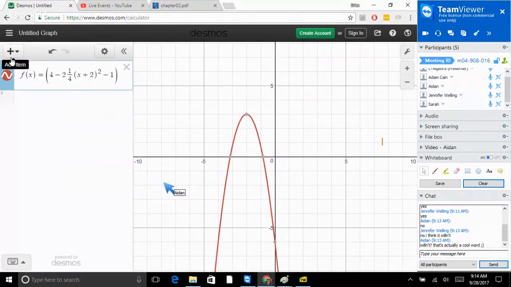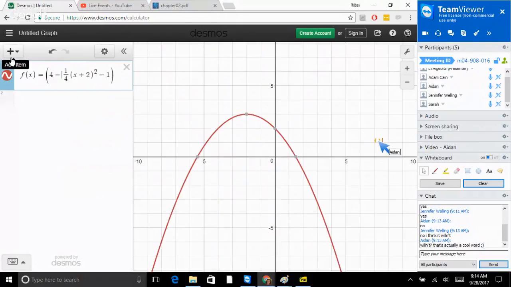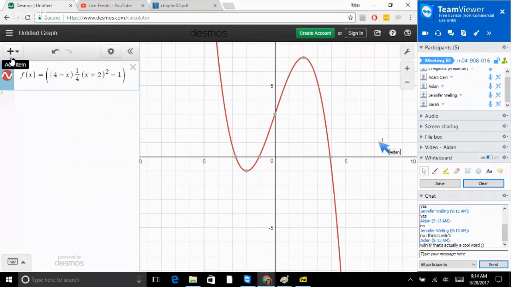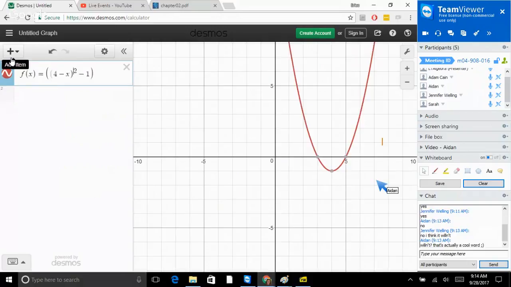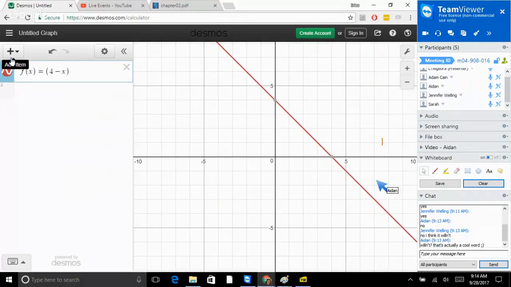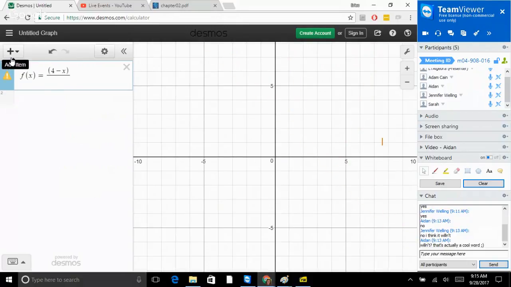Or your graphing calculator. Oh, I made a really crazy graph because I have a whole bunch combined in there. There we go. All right, so we have an x divided by an x squared, and we get this cool graph.